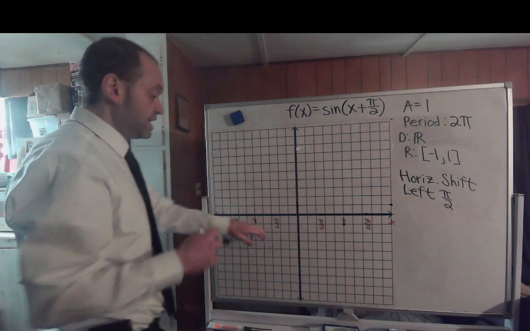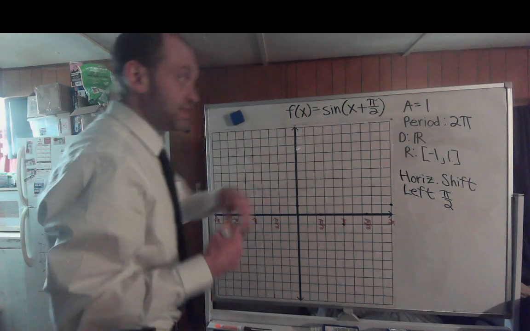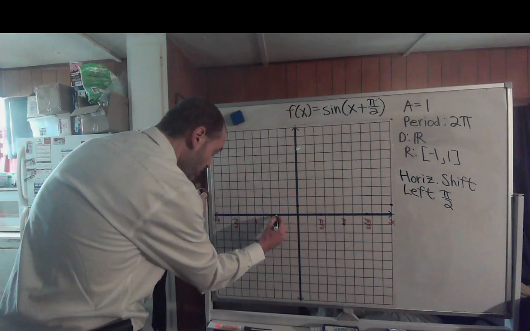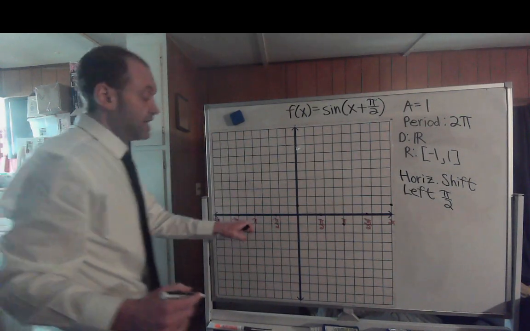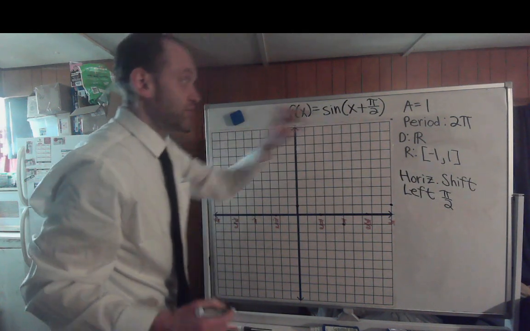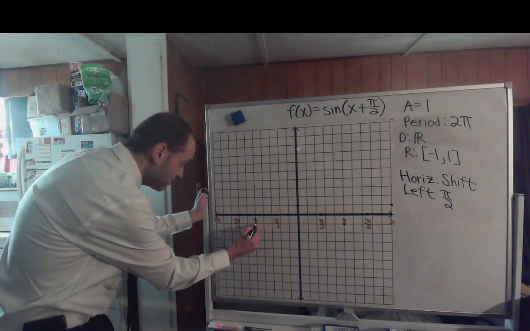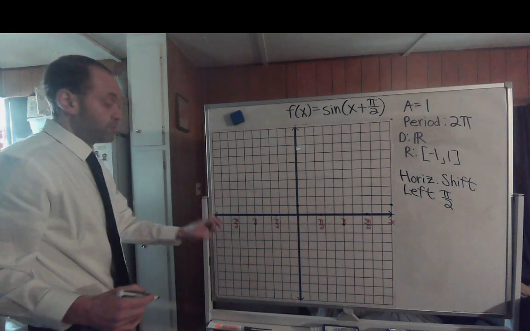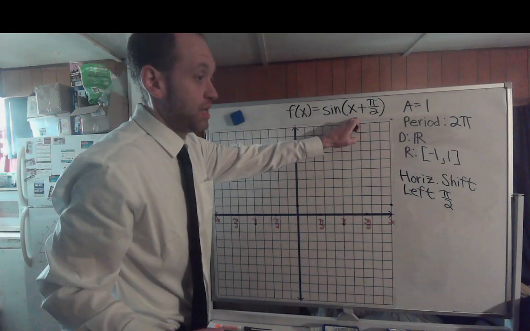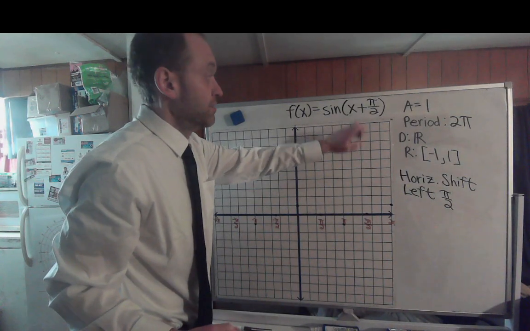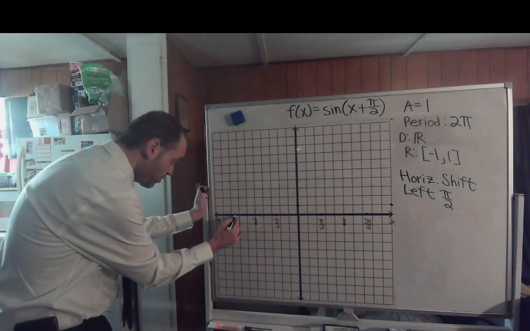Now, if I put in negative pi over 2, that gives me the sine of 0, which is 0. If I put in negative pi, I would get the sine of negative pi over 2, which would give me negative 1. If I put in negative 3 pi over 2, that would give me the sine of negative pi, which is 0.